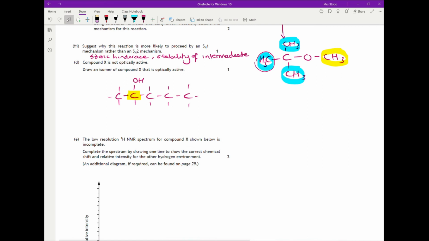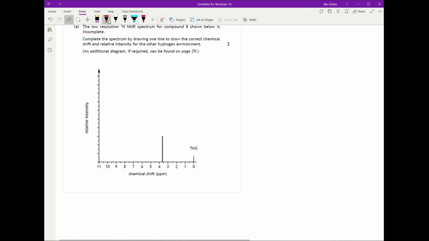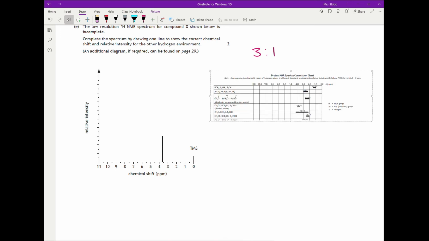So we have a 9-to-3, which is obviously a 3-to-1. Right, give me just a second, I'm going to go and get the databook page.